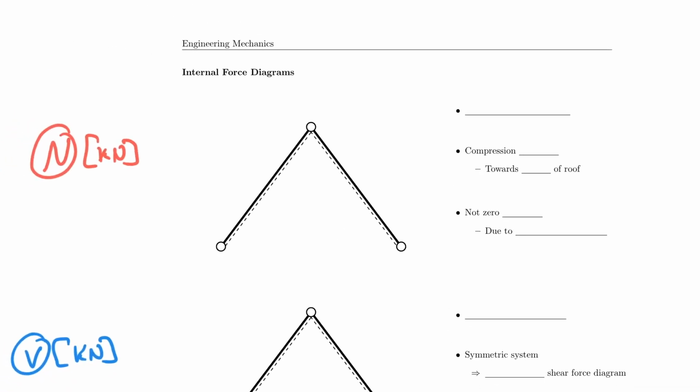My equation, I'm just going to bring that over from my previous page. So that was 0.4x minus 2.5625. And of course, again, kilonewton. So now how do I bring that over into my diagram?